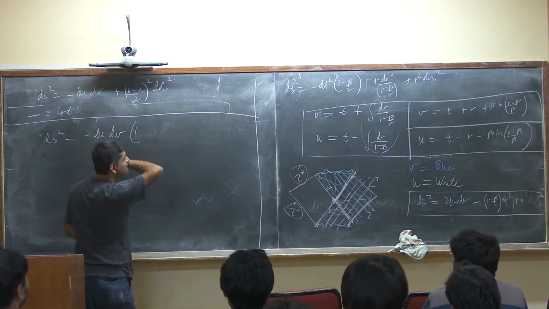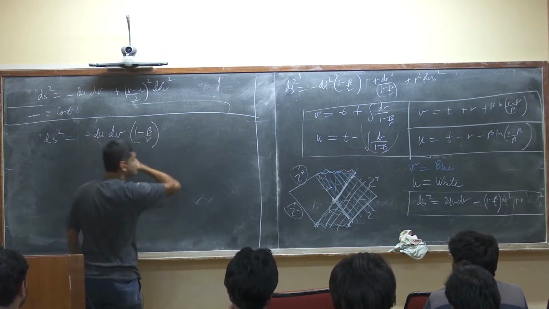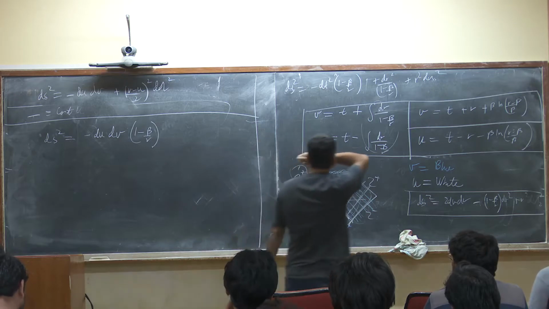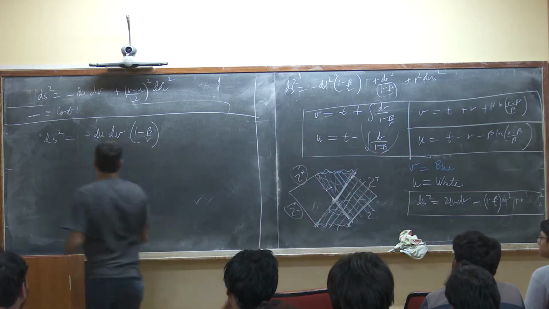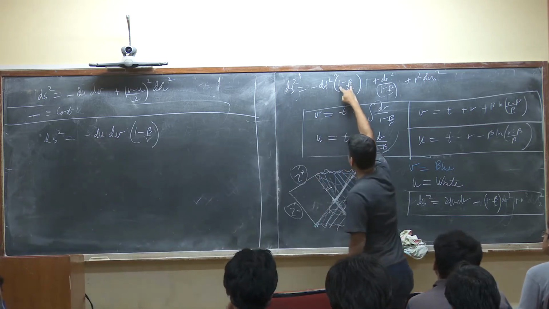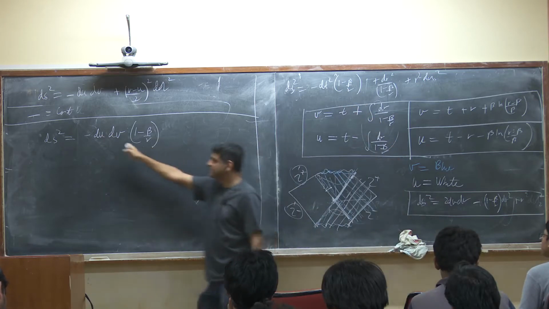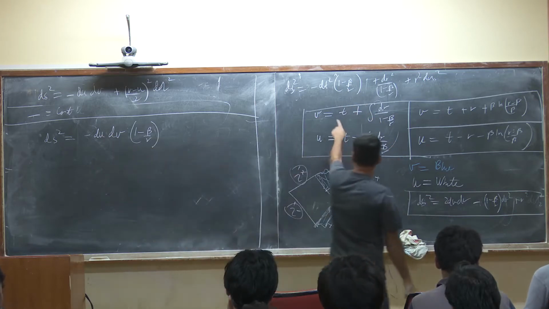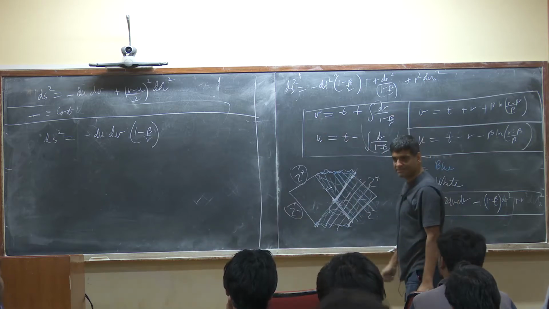into this. Oh, sorry. So overall, 1 minus beta by r, not whole squared. And I will need a minus sign, right. So I get 1 minus beta by r into dt squared with a minus sign, so that part works out right. What about here? Here I have to take dv, so that's dr divided by 1 minus beta by r.